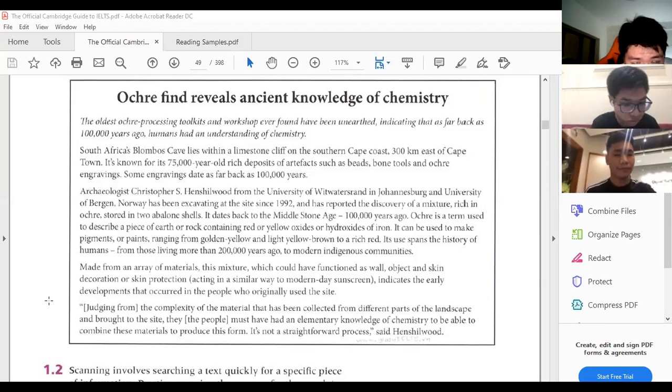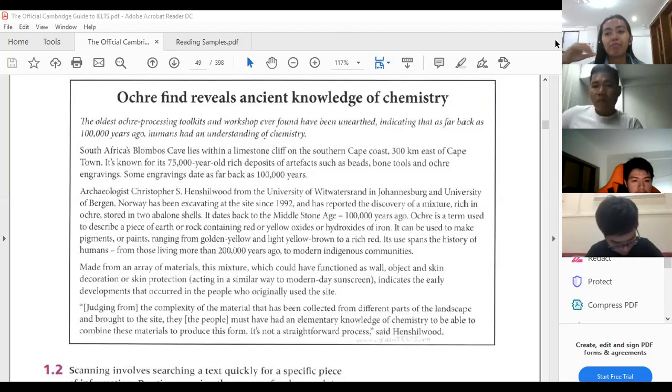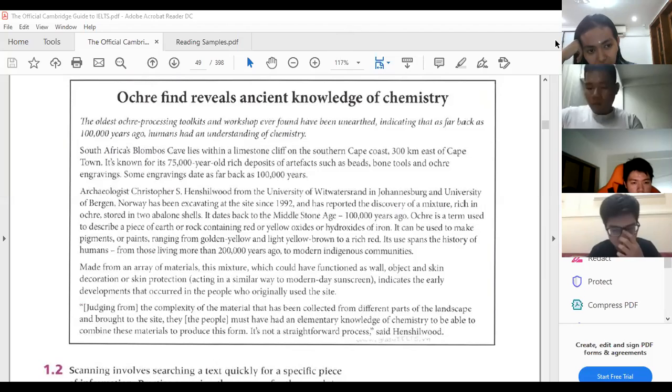Question number 4. What did the ancient people use to keep their ochre mixture in? Makara, want to try? Abalone shells. Very good. So abalone shells is what you should write in the answer sheet. Nice.